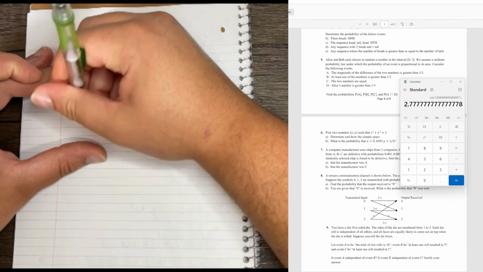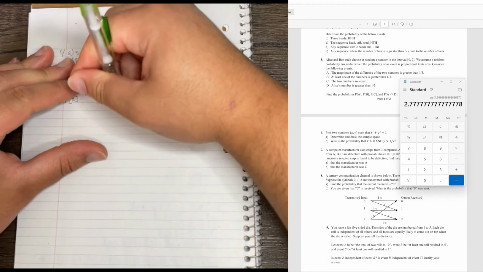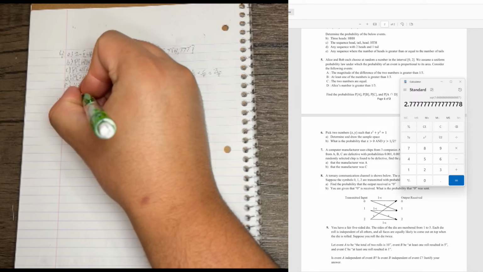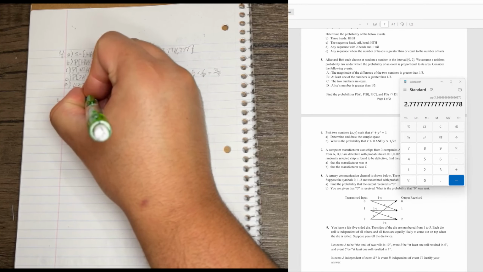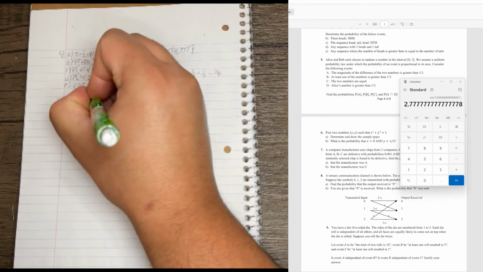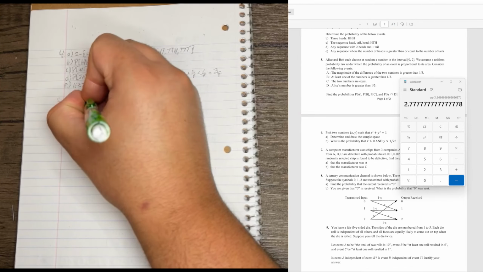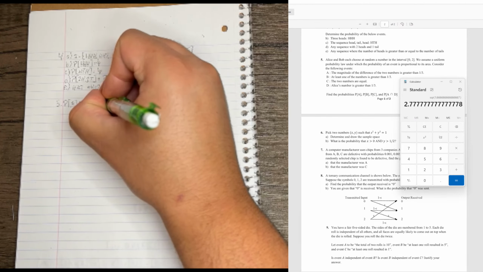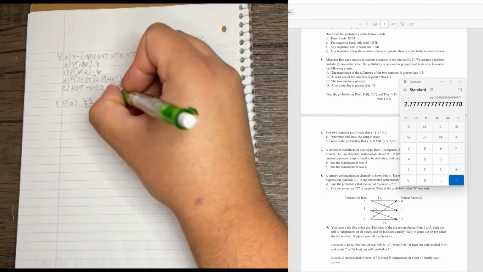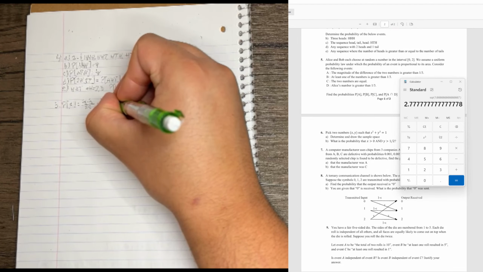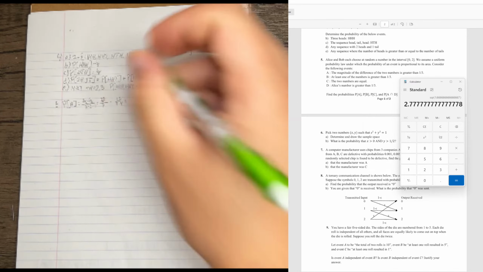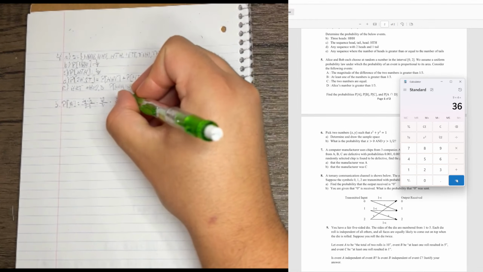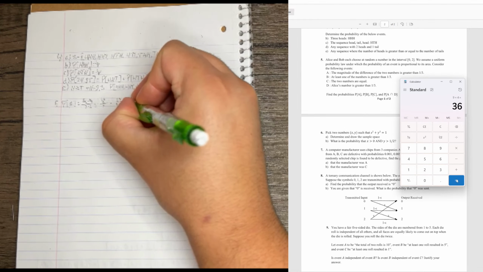We divide it by the total area. 5 divided by 3 times 5 divided by 3 all over 2 times 2, which is equal to 25 over 9 all over 4, which is equal to 25 divided by 9 times 4, which is 9 times 4, 36. 25 over 36.